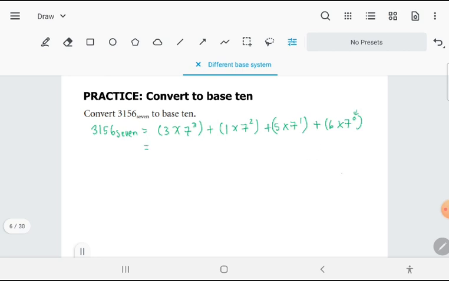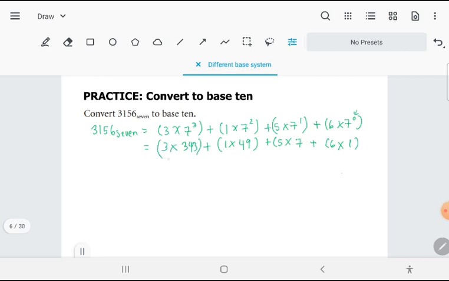So evaluating the powers, 6 times 1, plus 5 times 7 raised to the 1, that's 7. 7 squared is 49, so this is 1 times 49, plus 7 cubed. If you put that in the calculator, 7 raised to 3 is 343.